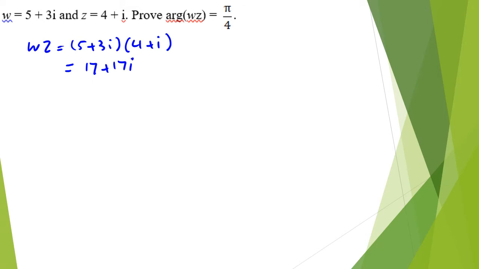And to find the argument, which is tan inverse: 17 is positive for the real part, and 17i is for the imaginary part. So your complex number wz is basically here. You need to find this theta here.